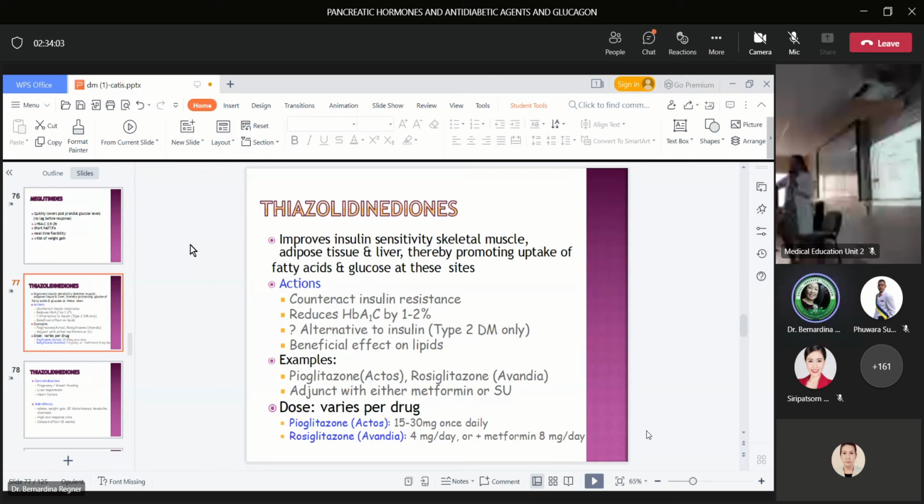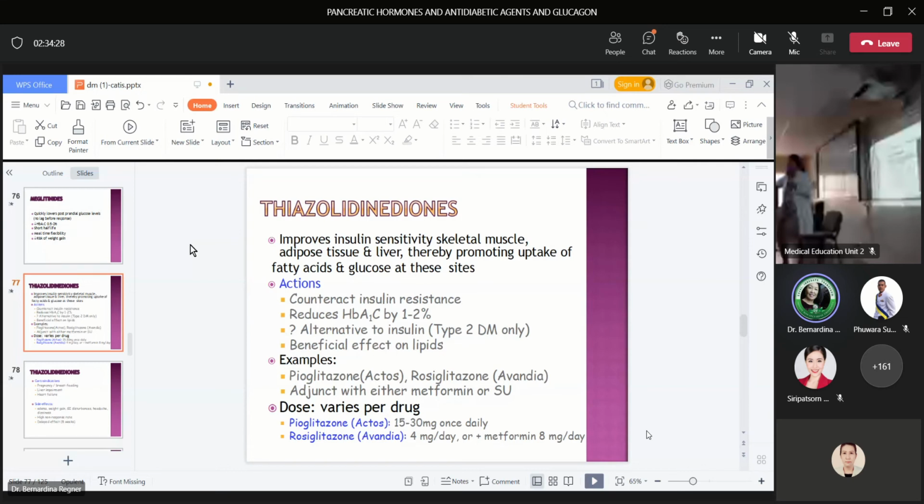It will improve insulin sensitivity in skeletal muscle, adipose tissues, and the liver. So it is a sensitizer, thereby promoting uptake of fatty acids and glucose at these sites. I'm always asking you this, whether it's a sensitizer or a secretagogue, so that you will know how to apply it in your practice, no?